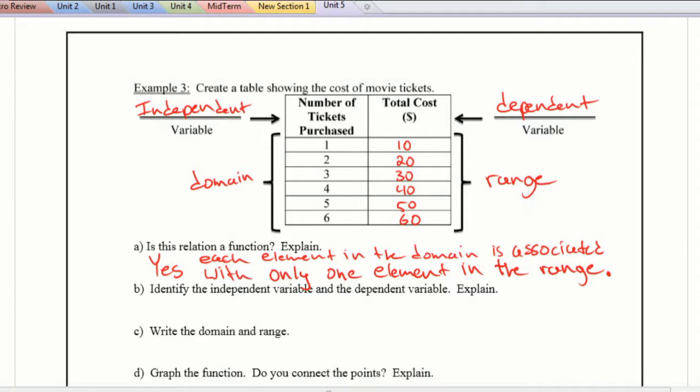Identify the independent and dependent variable. So my 2 choices are total cost and number of tickets. We could write something like this: the total cost depends on the number of tickets.